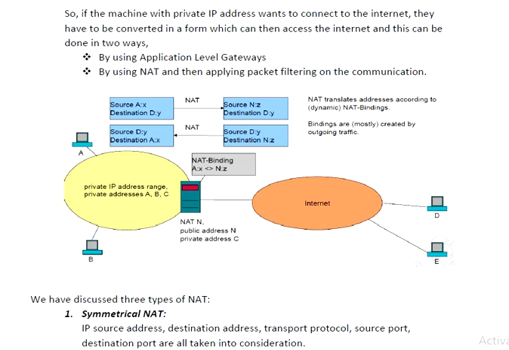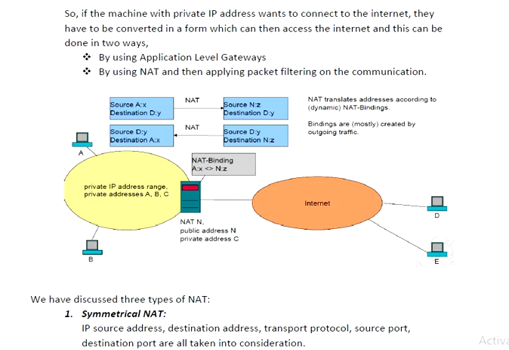In this figure we have four machines A, B, C, and D. A and B are inside a private network, and they have private IP addresses.